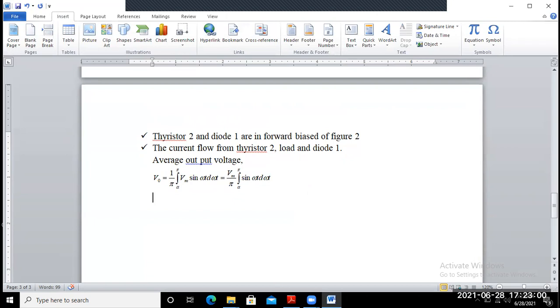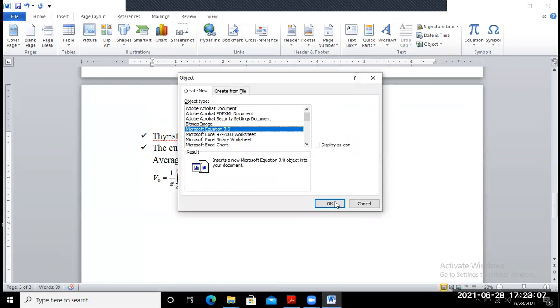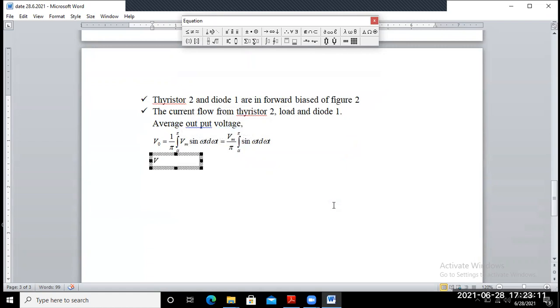So V0 equal to Vm by pi, minus cos omega t, alpha to pi.